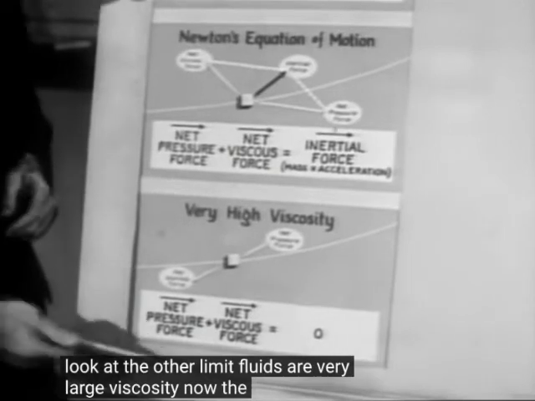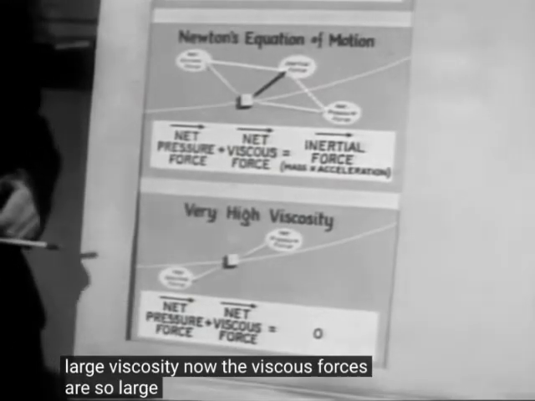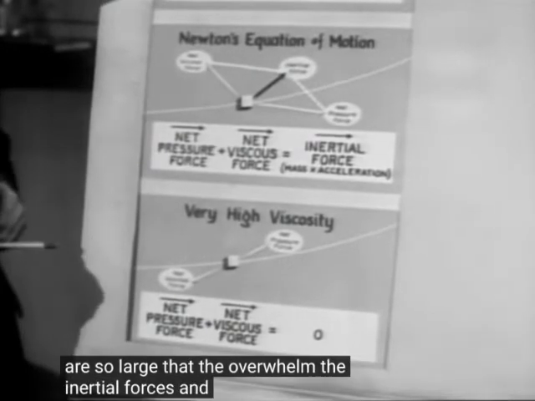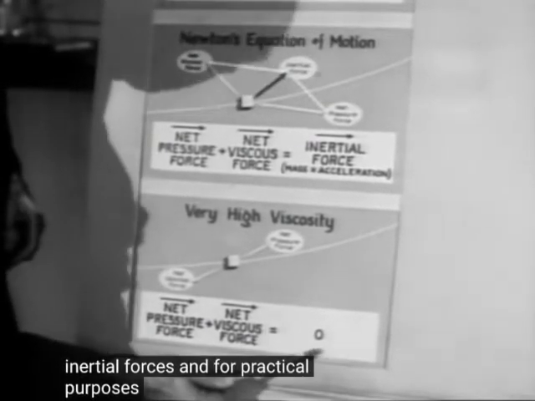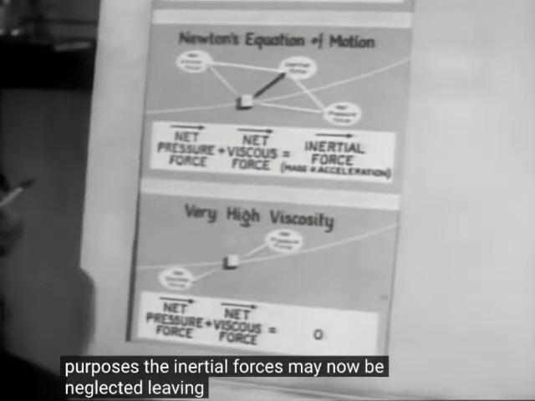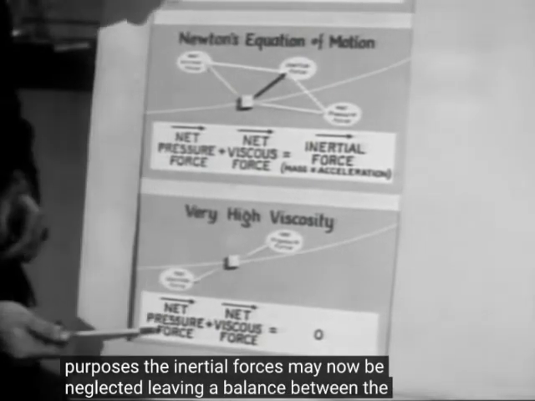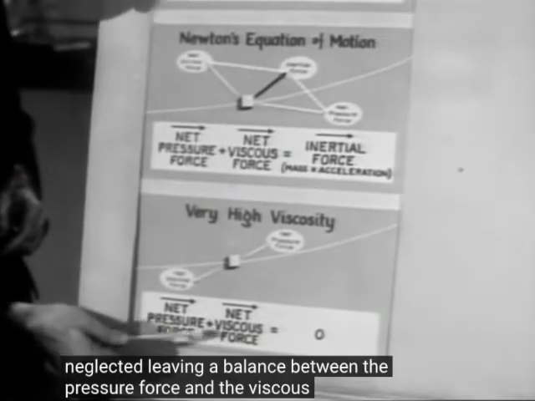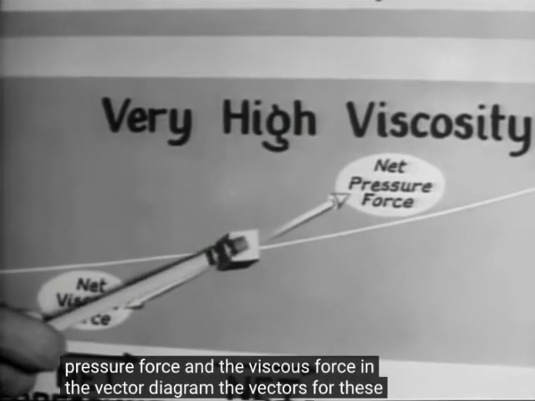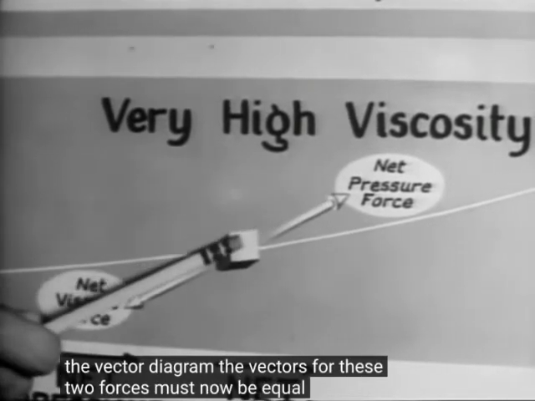Now, the viscous forces are so large that they overwhelm the inertial forces. And for practical purposes, the inertial forces may now be neglected, leaving a balance between the pressure force and the viscous force. In the vector diagram, the vectors for these two forces must now be equal and opposite.